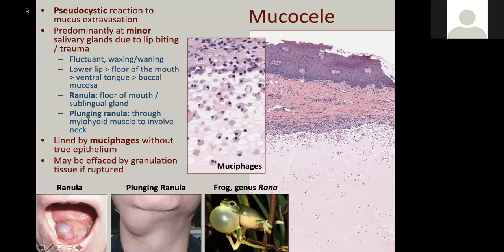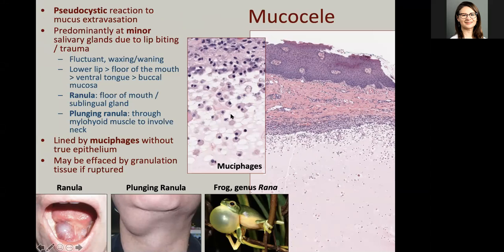In terms of some more of the benign things we see, one of the more common things is a mucocele, which is essentially a pseudocystic reaction to extravasated mucin, meaning, when the mucin leaks out of the glands and or ducts, it leaks out into this pool, and the macrophages and fibroblasts of the body attempt to contain it.